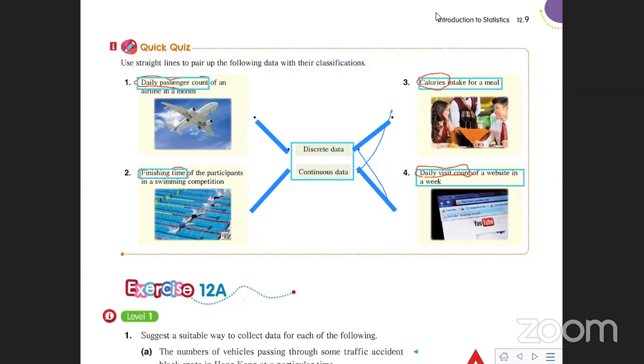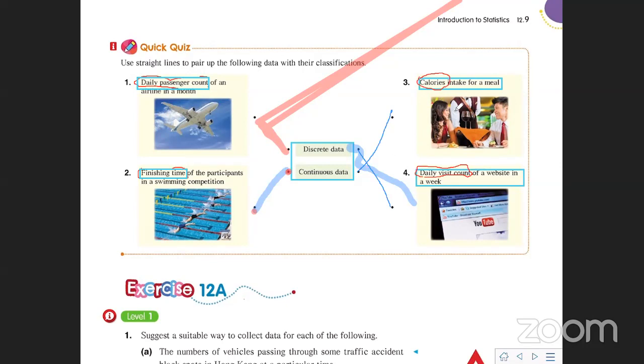Therefore, in this case, it should be discrete, right? And the other one, finishing time. Now, finishing time can be any time within a certain range. Therefore, yeah, this is continuous data.